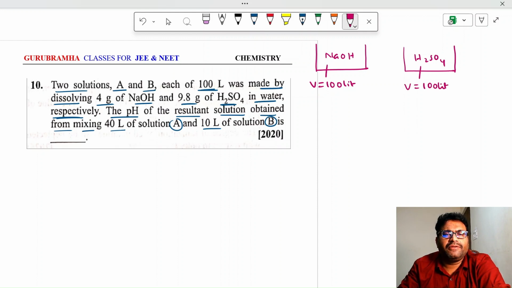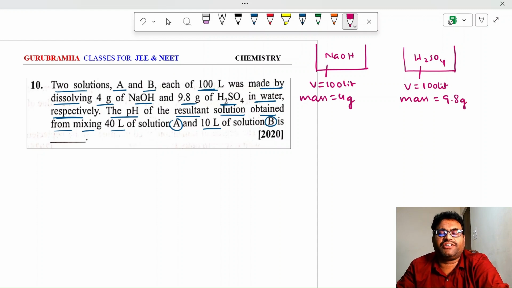So how much mass is dissolved in this 100 liters? Mass of NaOH is equal to 4 grams. Here mass is equal to 9.8 grams. So let us find the concentration first of all.